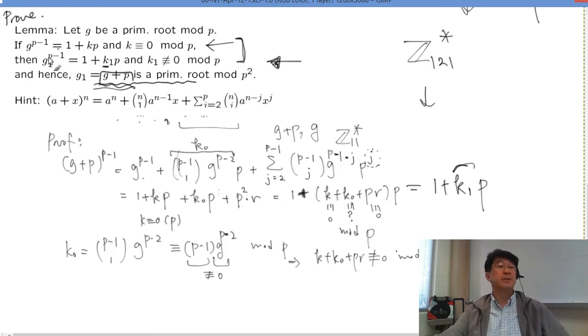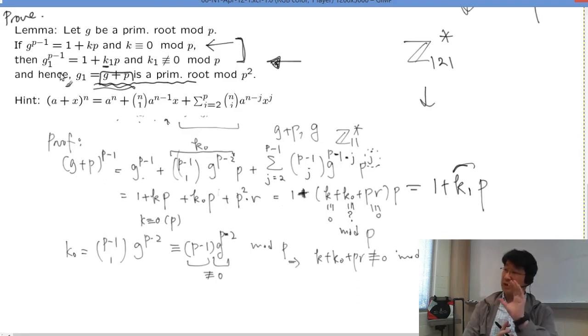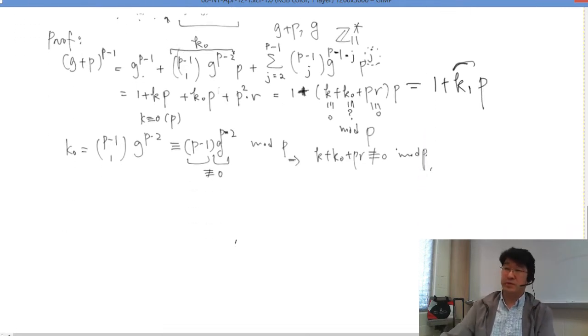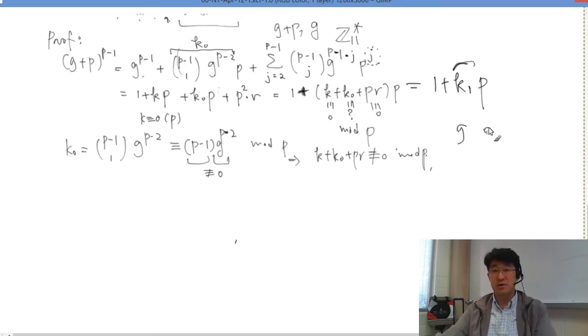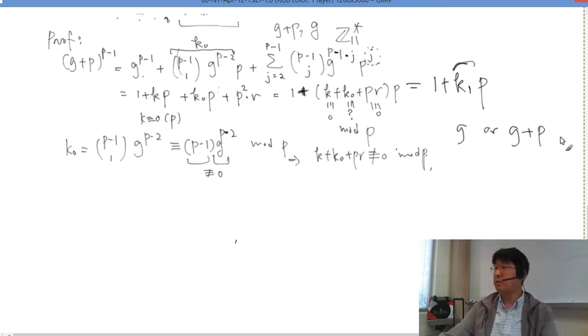If you have that property, the p minus 1th power is written like this with k1 not congruent to 0 mod p, and that g1 remains forever a primitive root. So at the very beginning, fine tune it with the plus p, and you have this precious primitive root forever for all the higher powers. Make sense? g or g plus p. That was the summary.